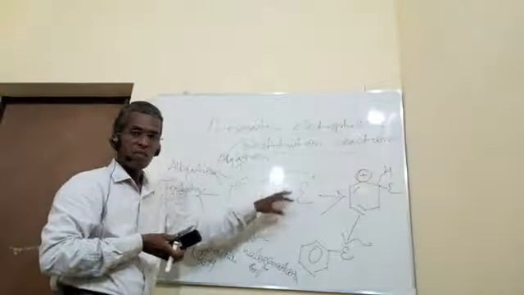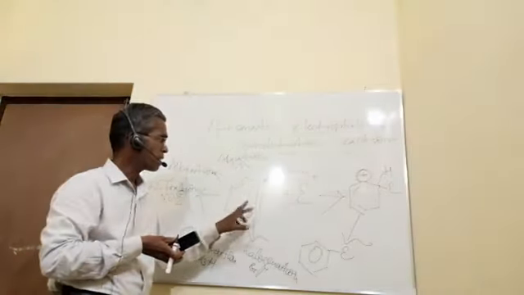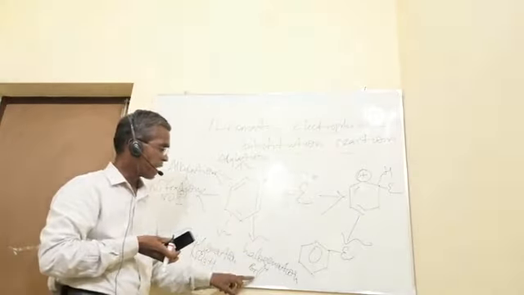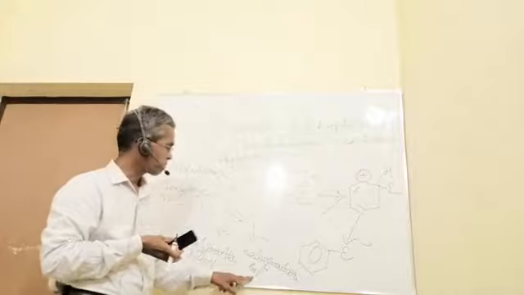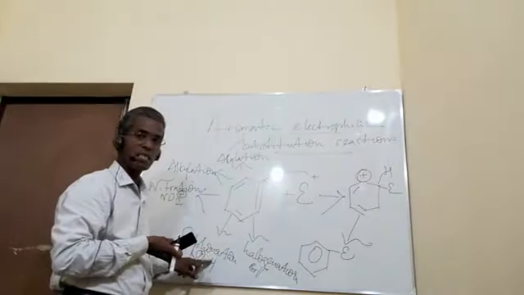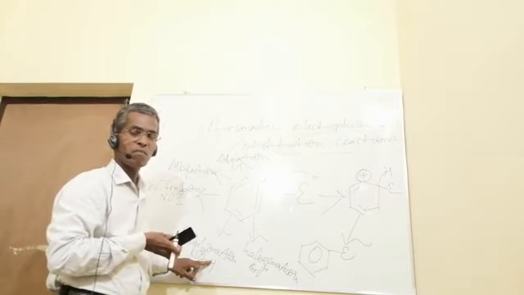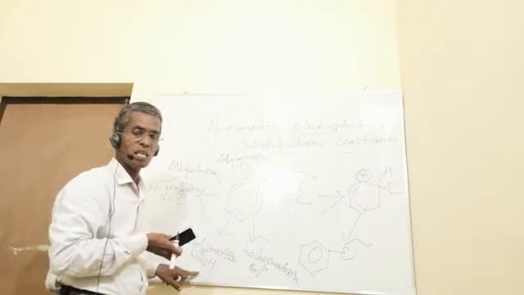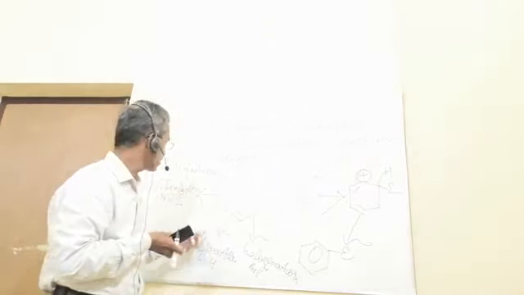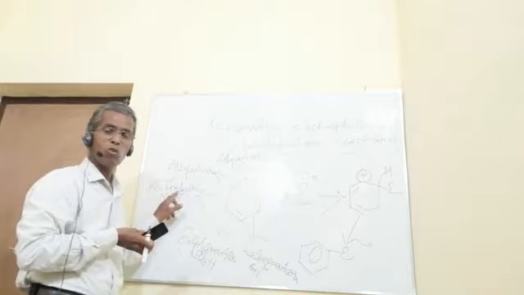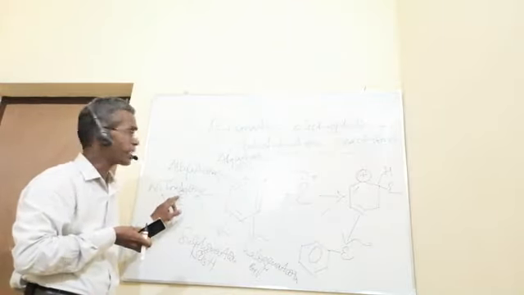So, friends, I repeat, try to understand the concept. Simple thing. If benzene reacts with halogen, the reaction is called halogenation. If benzene reacts with concentrated sulfuric acid, the product is sulfonated benzene, and the reaction is called sulfonation. If you substitute the proton of benzene with a nitro group, the reaction is called nitration.